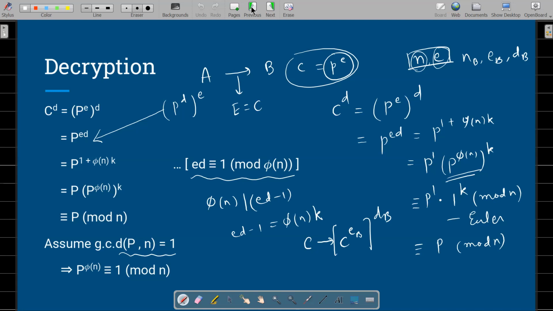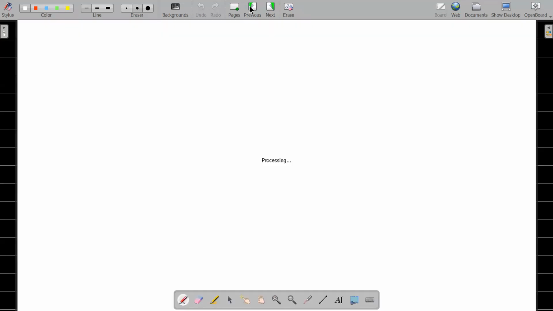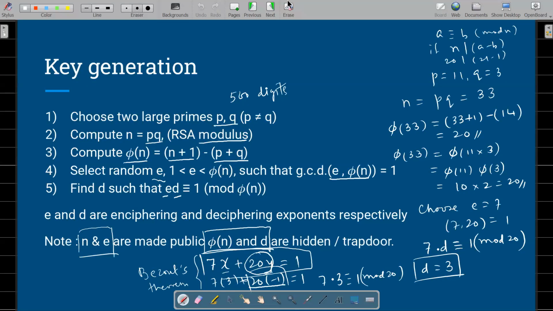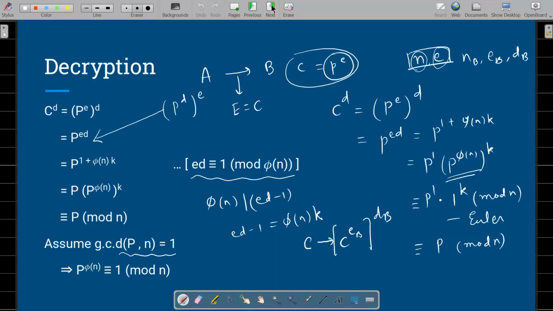So A will use B's E. I'll call it E_B and make C raised to E_B modulo N, and that N is also B's N, right? B knows his N, his E, and for B, everything is known. So B will know D_B also. For B, all these three things are known, and others will know N_B, E_B. So what A will do is take P raised to E_B mod N_B, right?